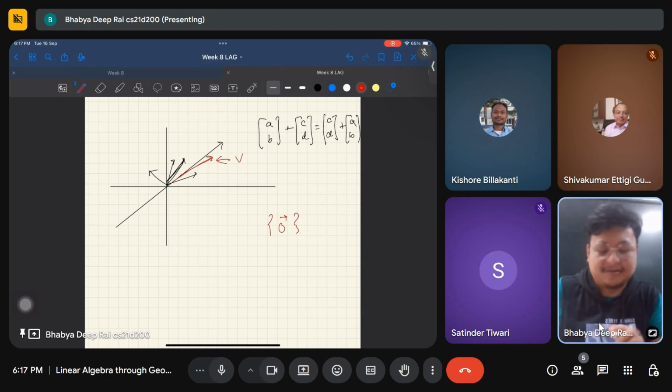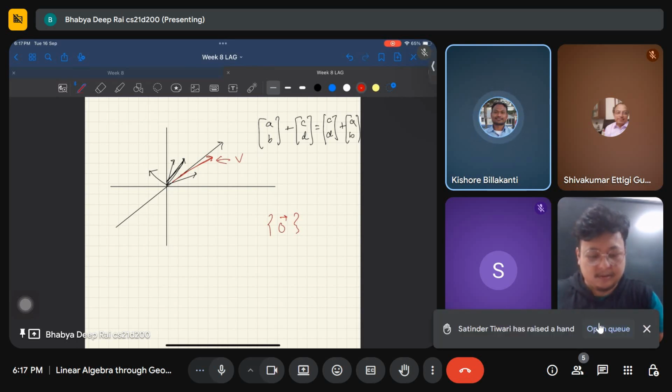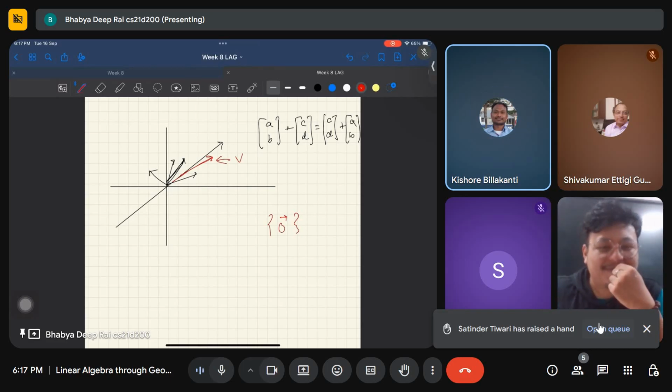Based on the definition, let us suppose a vector space has one vector, two vectors, that's okay. But if more than two vectors, how do we compare these laws? That's a good question.